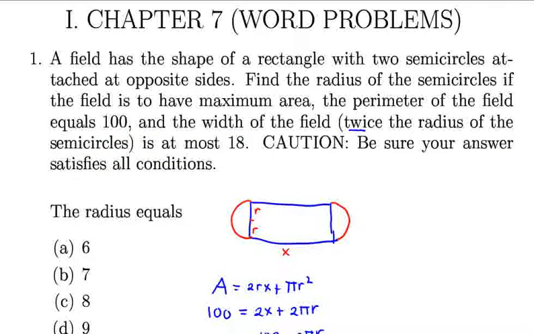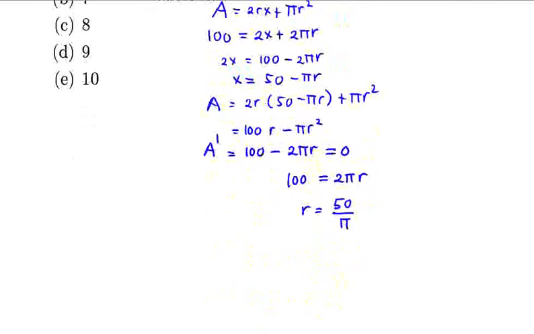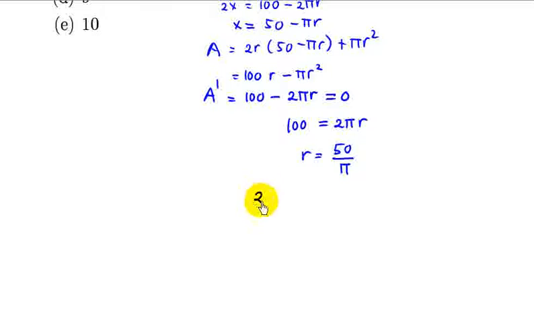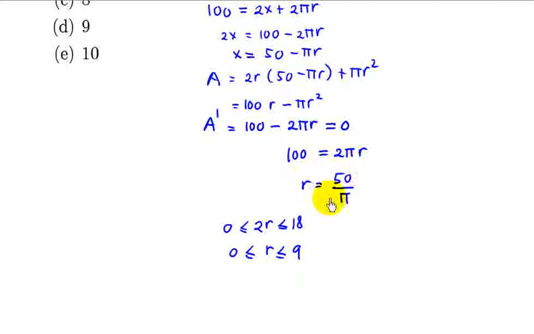So basically 2r is at most 18, and the smallest possible value for r is 0. So r itself will be between 0 and 9. Okay. So now we have one critical number and we have two endpoints, 0 and 9.